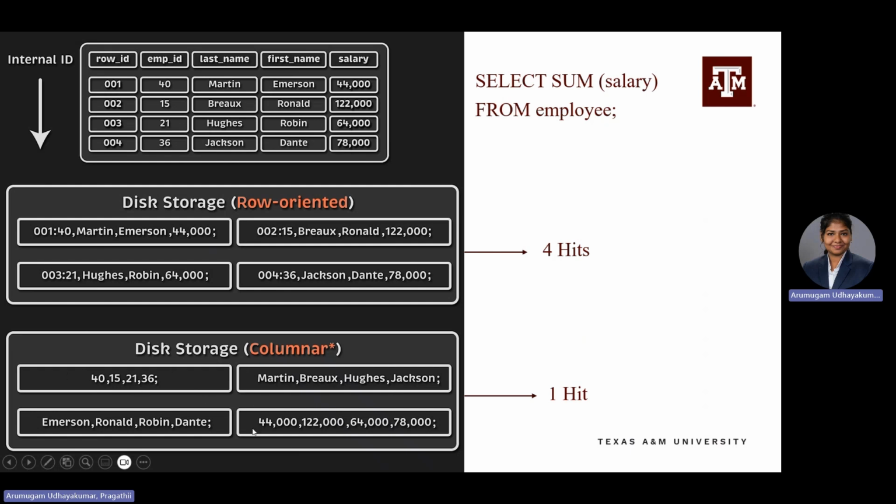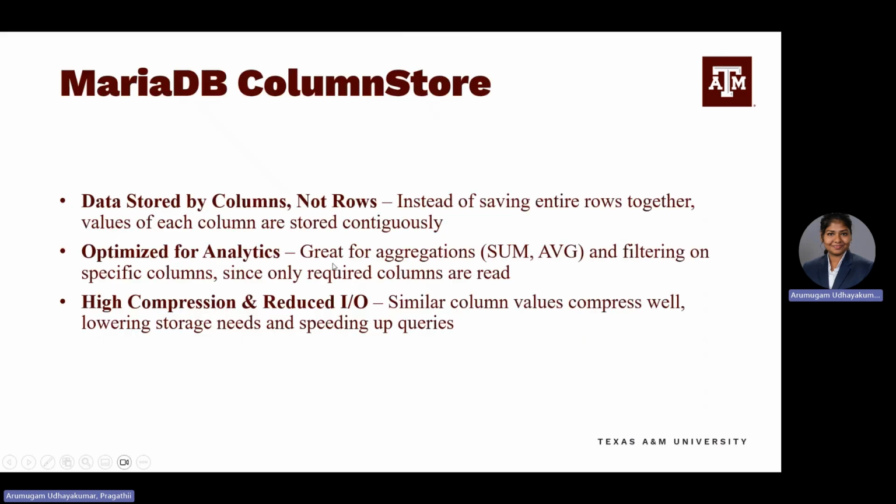So I only have to go through the salary column, the 4th column, retrieve all the data in that column, and with just 1 hit I perform this sum. This is called column store, and it is optimal for performing analytics such as aggregations and filtering on specific columns. And with high efficiency and reduced input/output, the database saves space by storing repeated values in a smaller compressed form. These are the advantages of column store.